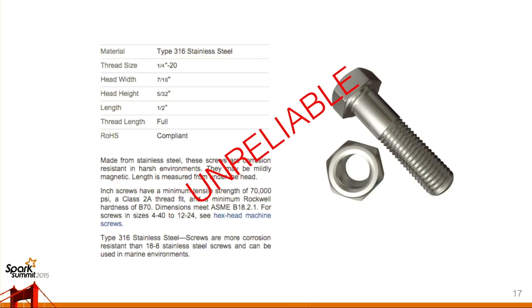Now, unfortunately, this is not very reliable data. For the most part, it's missing data. And in the cases when you do have the data, it has a lot of garbage in there as well. So there are rich little nuggets in there, but it's not something that we can rely on.